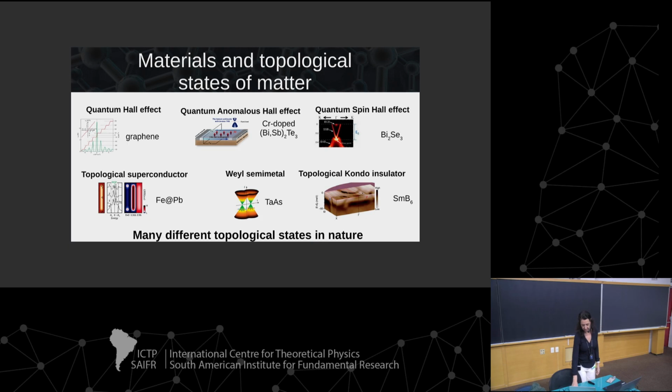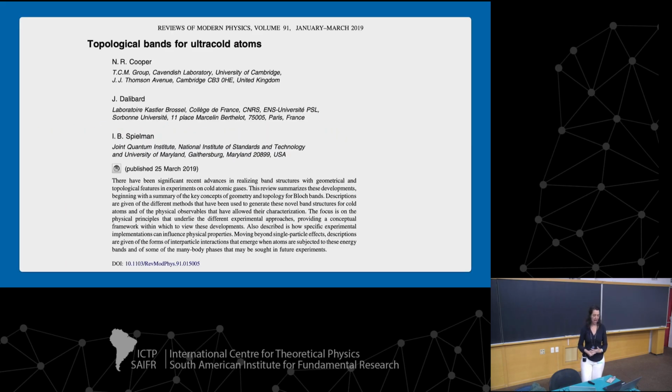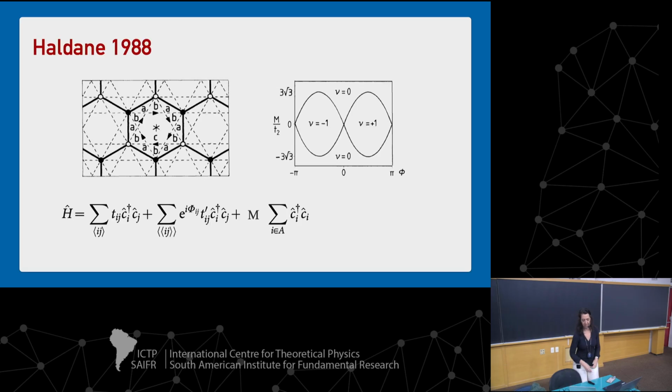And this area in condensed matter has attracted a lot of attention, and also in optical lattices. So before I start, I found this review, and I think it's really a neat review on topological bands in this context of ultra-cold atoms. So I just thought I'd flag it for you, so maybe you want to see.